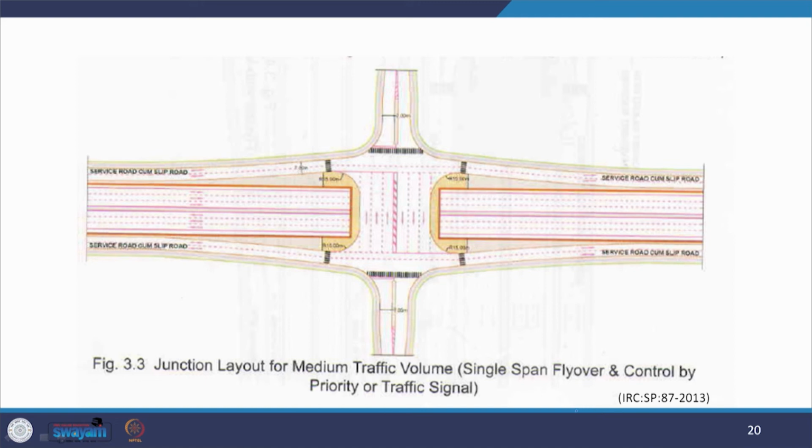So, here what you find is the traffic is increasing, and in this traffic we are trying to have either the priority systems or the systems where the signals are controlling the traffic, but there is a median which is provided in the center like this, which is segregating the two directional traffic. So, the traffic which is coming here is going in this way, or this is traffic which is coming.